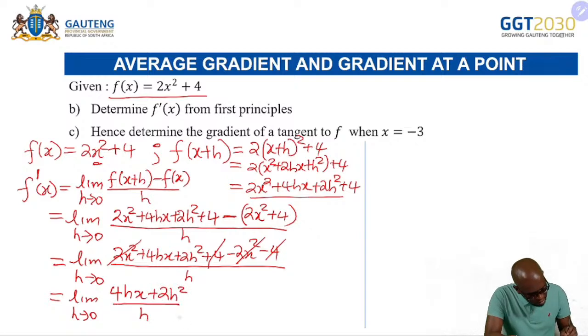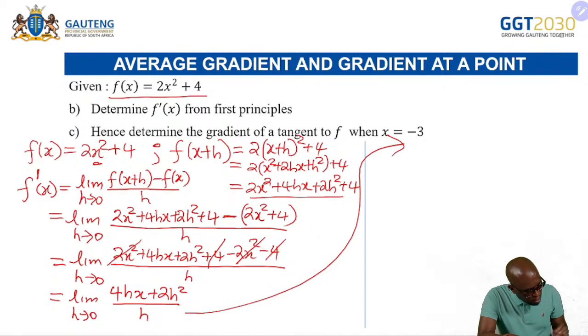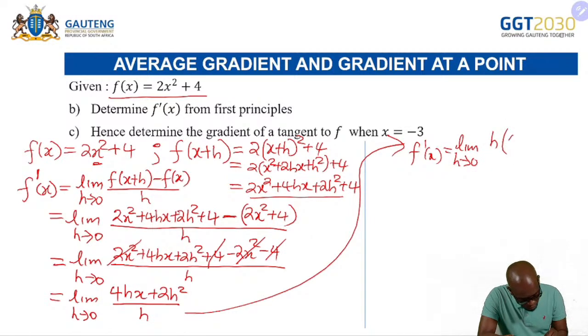Now if I decide to continue with it here, I can factor out h. So f dash x would be the limit as h tends to 0. If I factor out h, I'm going to get h into 4x plus 2h, over h.